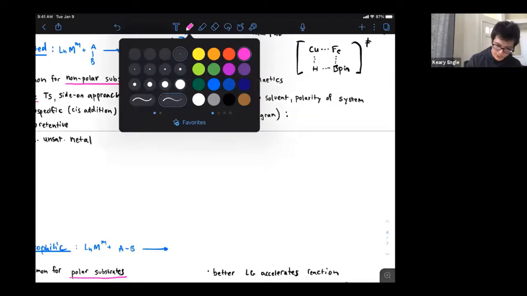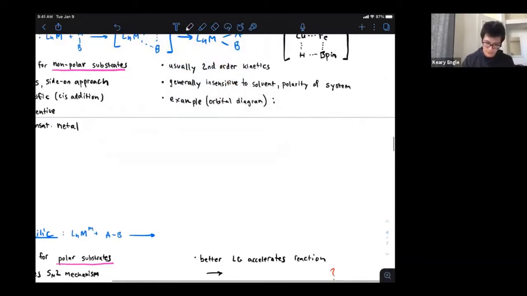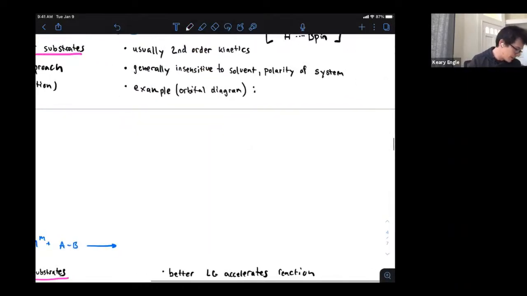Okay, so let's look at a specific example here that's related to what we've already covered. Let's take a look at the simplified MO diagram for H2.